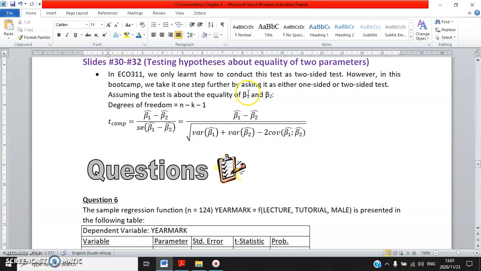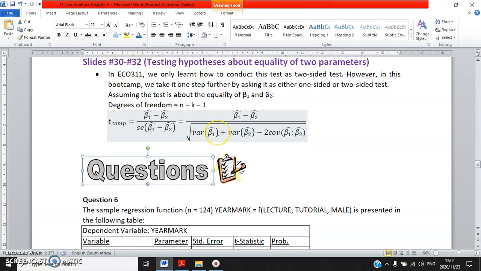And assuming the test is about equality of B1 and B2, degrees of freedom is still the same as the usual t-test on one parameter, n minus k minus 1. And then the computed t-stat is this equation. If we focus on B1 and B2, then this is the equation. So numerator, B1 hat minus B2 hat, denominator, square root.